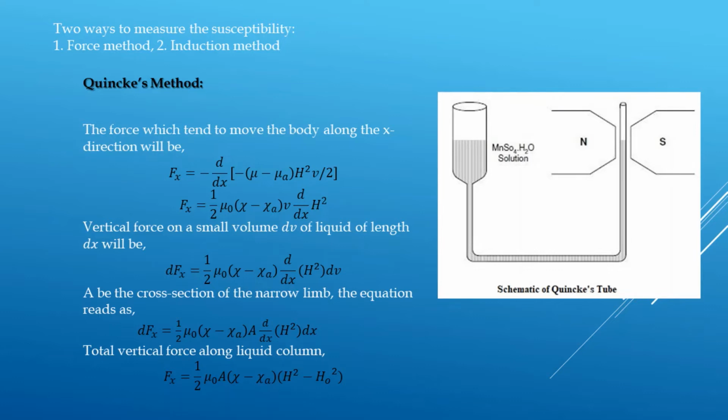So if the small volume we are taking as dv and the length is dx, and the cross section is capital A, in terms of dv we can write A into dx.